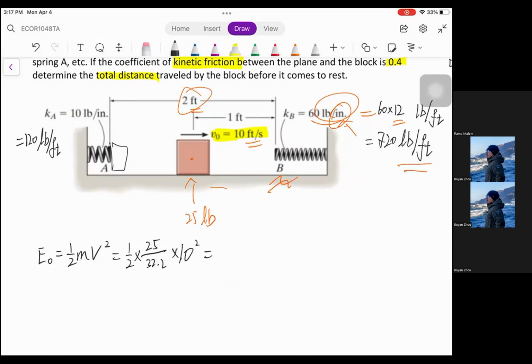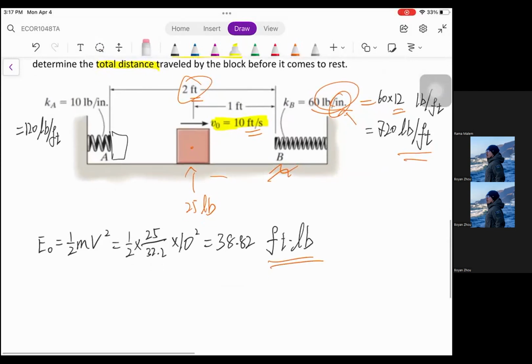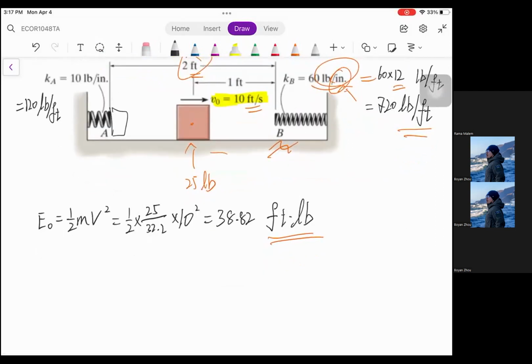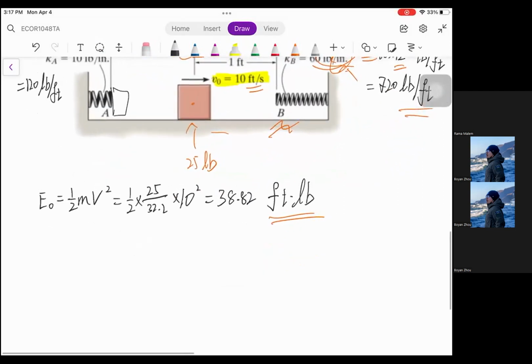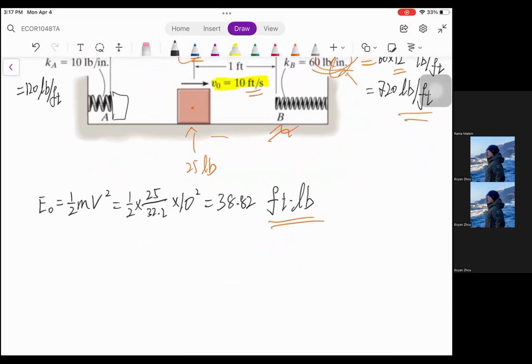And that is equal to 38.82. Actually, I wrote down the units over here. I Googled that yesterday, and they said the unit is foot-pound, the unit for kinetic energy in the imperial system. Anyway, that is the total amount of energy we're going to consume.